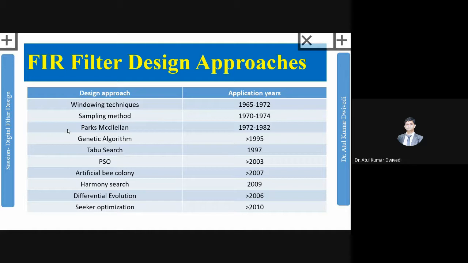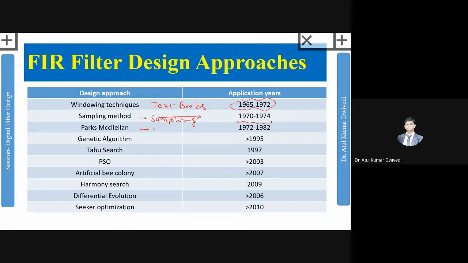Around 40 years before, in the 65 to 72 period, these techniques were used in design. Then in 74, they developed the sampling method. Still, our textbooks only contain these methods, which were used in the 70s. Some books and syllabi give the sampling method in the curriculum, but many times they don't.